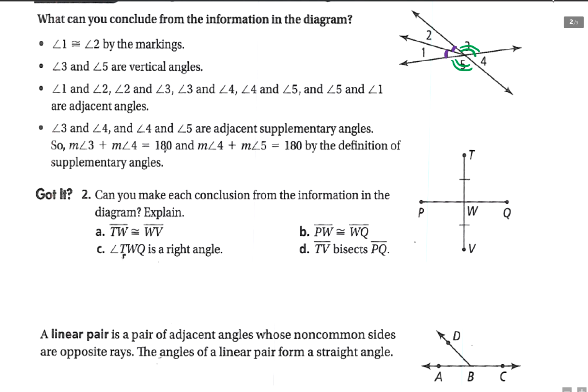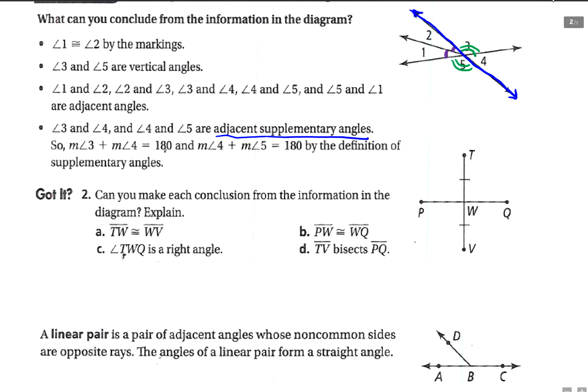And this last one here, adjacent supplementary angles. Look at angle 3 and angle 4. There is a line right there, and angle 3 and angle 4 are adjacent angles that make up a line, therefore they are supplementary.